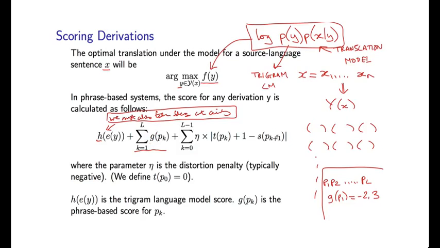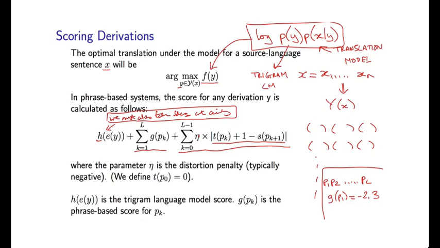And then finally, we're going to have what's called a distortion score. In addition to the strict limit on distortion distances, as I showed you on the previous slides, we're actually going to have a cost associated with distortions. So we're going to take eta times this distance that we calculated before, basically the distance between each phrase and the next phrase.